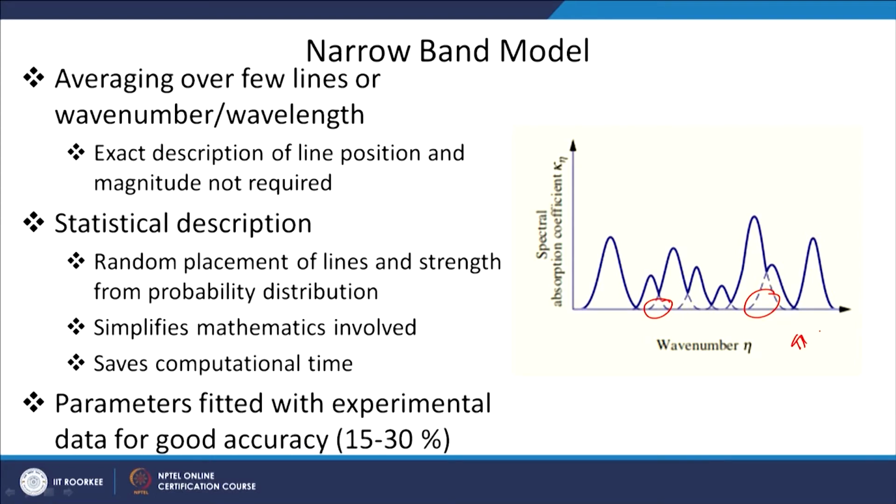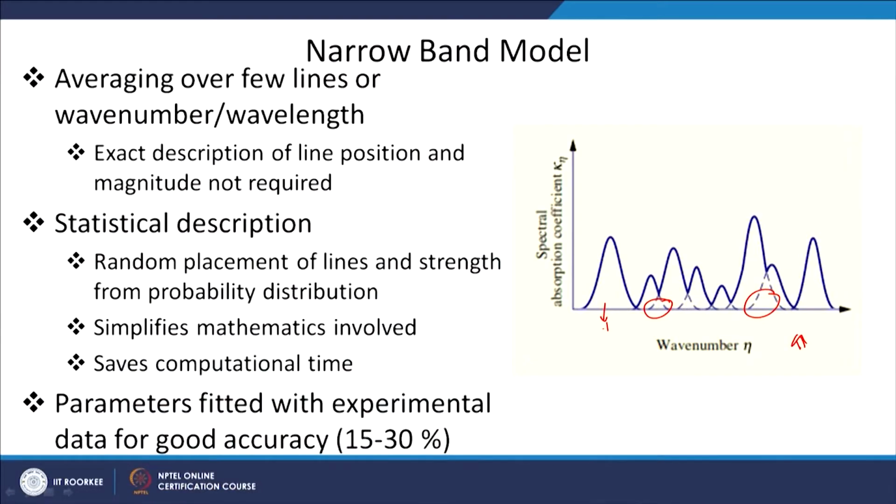We do not need exact knowledge of which line is where, at what wave number each line is located. The exact location or magnitude of these lines is not important, it can be randomly placed.